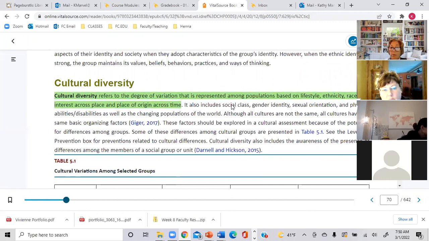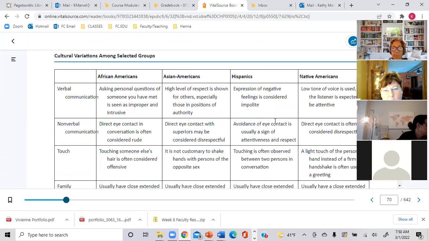It can also include social class, gender identity, sexual orientation, physical abilities or disabilities, as well as changing populations. And then here's, although cultures are not the same, cultures have the same basic organizing factors. We just went through that.